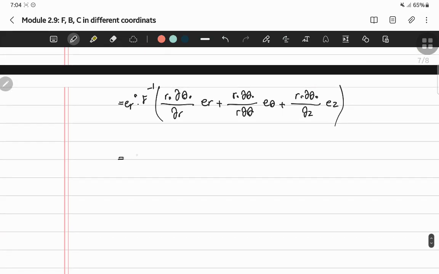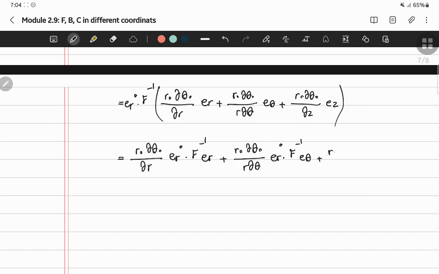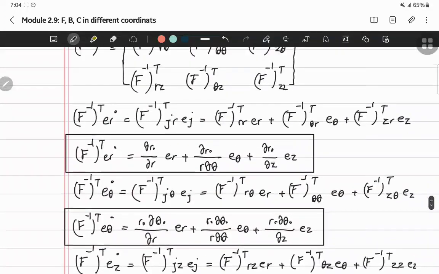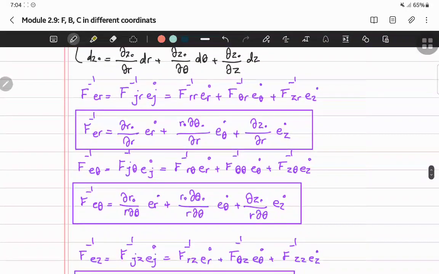So we have R0 partial derivative theta 0 R, ER0 dot F inverse ER, plus R0 theta 0 R theta, ER0 dot F inverse E theta, plus R0, then we have ER0 dot F inverse EZ. So now we have to find F inverse ER. F inverse ER is this one.